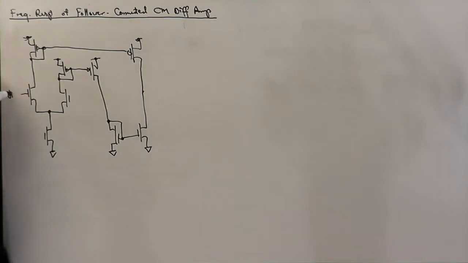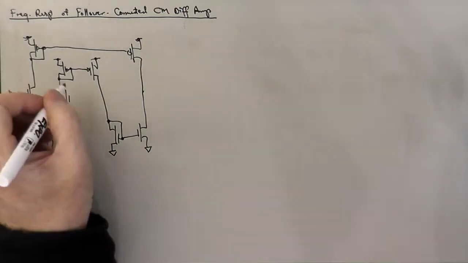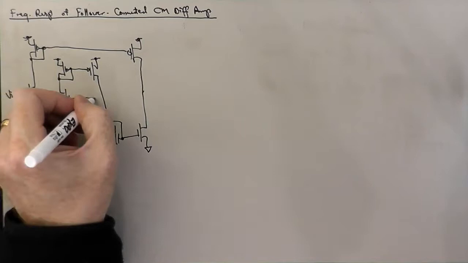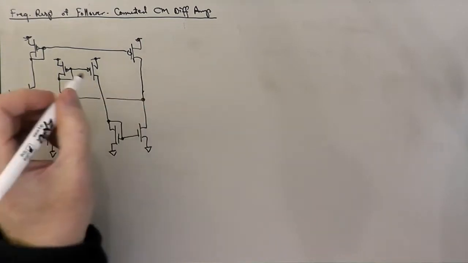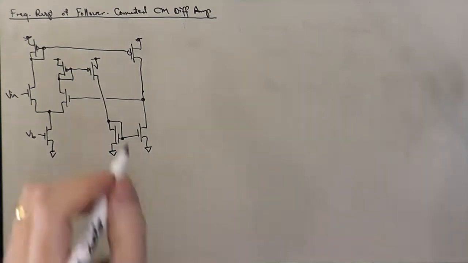Here's our input Vin, bias voltage VB, and this is going to have unity gain feedback, and so we're going to connect the output back to the inverting input, which is V2.